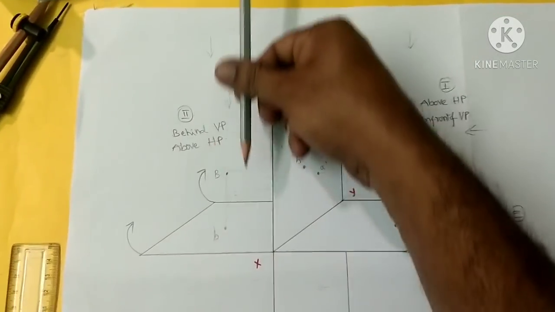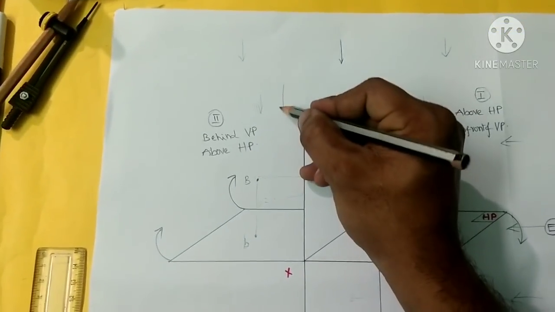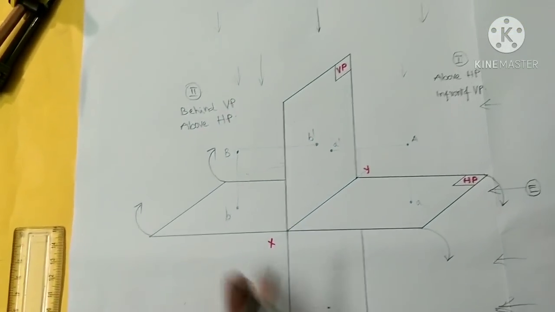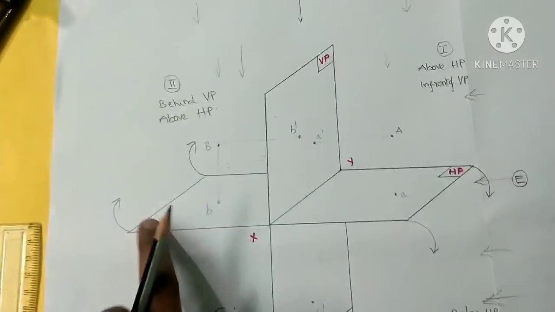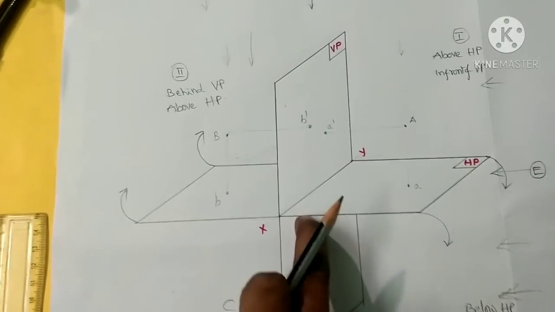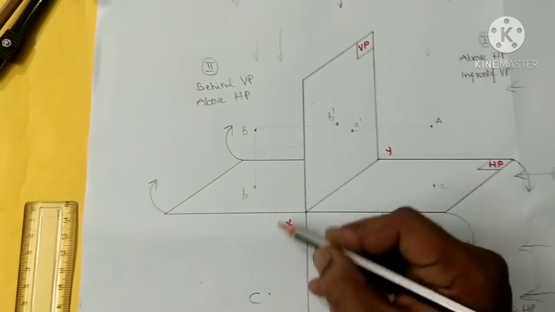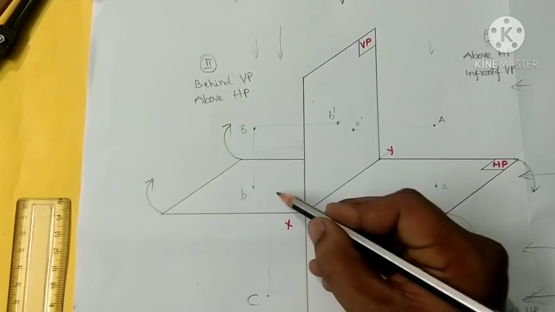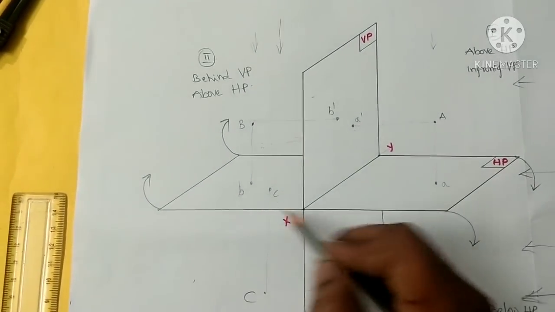Similarly, if we come to the top view, we have to see the object in this direction. In this direction, this plane is located between the point and the eye of the observer. So we should assume this plane as transparent. Then we are able to see this particular point. So here this will be projected onto the horizontal plane. So small c, that is the top view, is located on the horizontal plane.